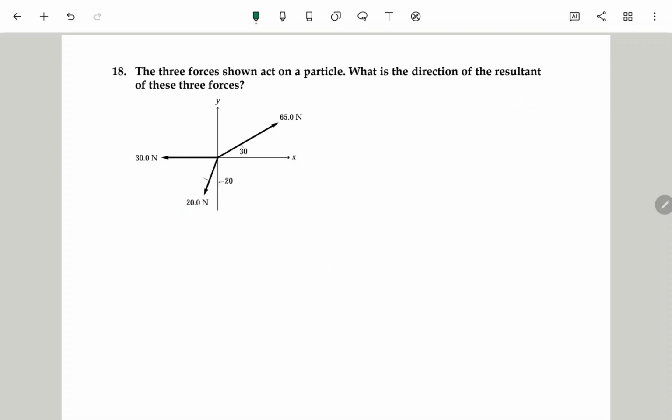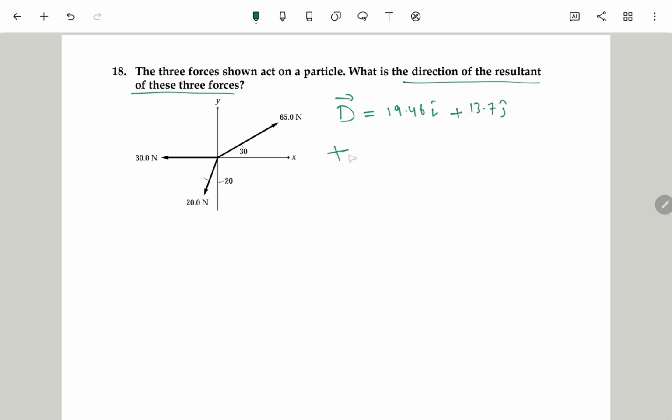Now same question, but in this case we try to find the direction of the resultant of these three forces. Now D from the previous example equals 19.46 i hat plus 13.7 j hat.